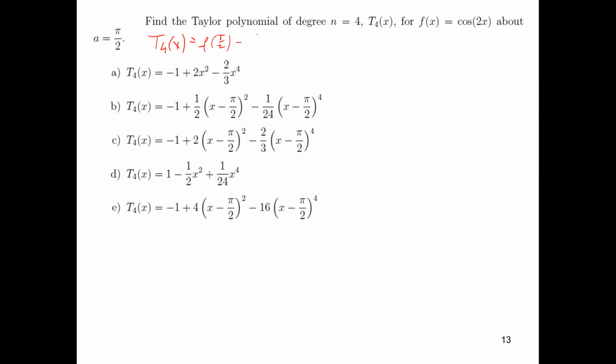So what I have to do is write down the value of the function at pi over 2, the value of the first derivative at pi over 2 over 1 factorial, times x minus pi over 2 to the power of 1.